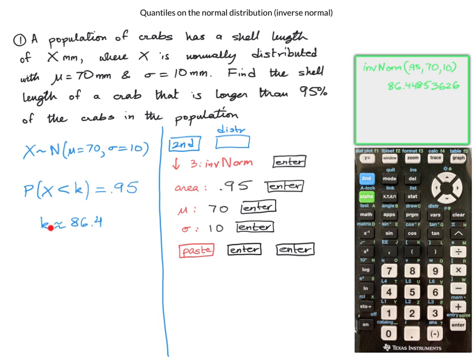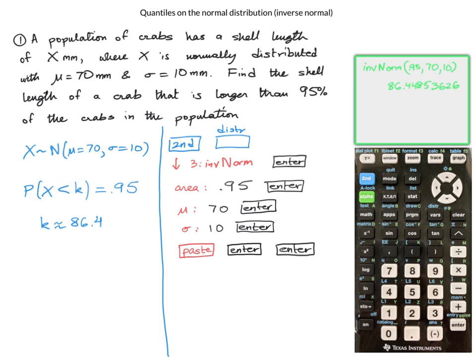Or in other words, this crab is longer than 95% of the other crabs in the population. So that's what this has found. So this is an inverse normal because you have the probability value already, but you don't know what the value is that's in the inequality that you're trying to find.